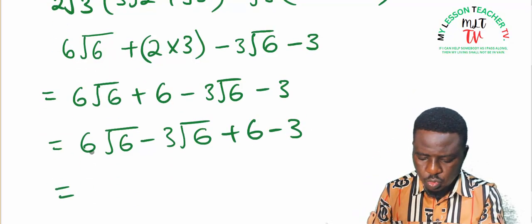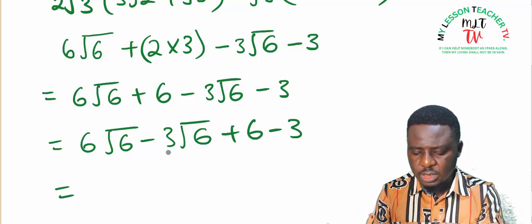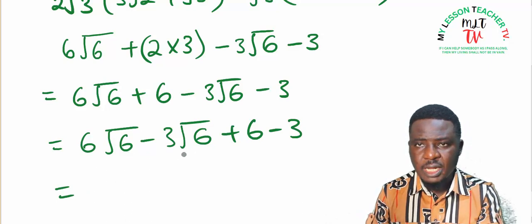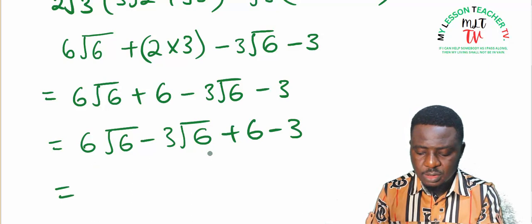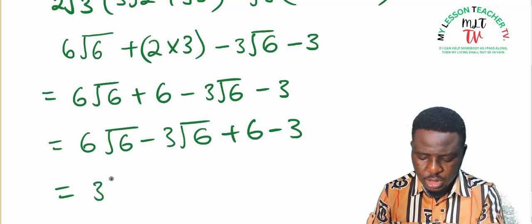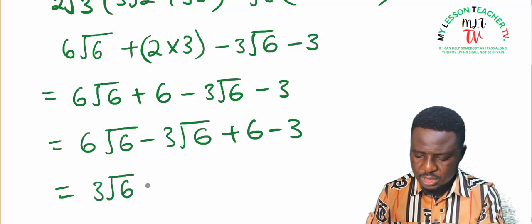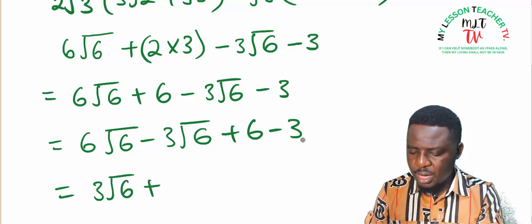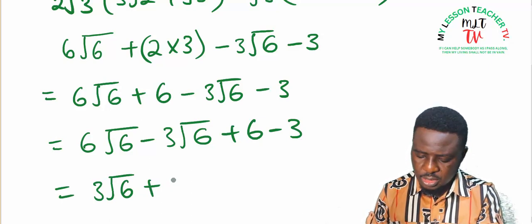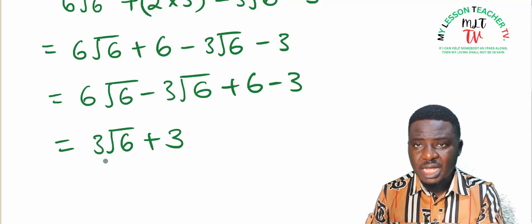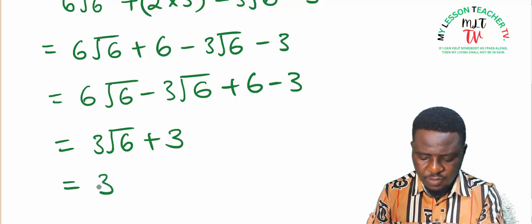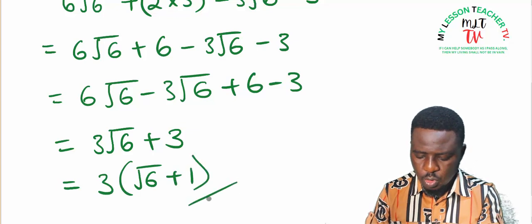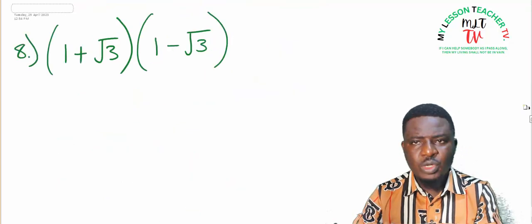So this is equal to 6 root 6 minus 3 root 6, which are like terms, so we can subtract, leaving us with 3 root 6, plus 6 minus 3 is said to be 3. And so our answer is 3 root 6 plus 3. And I can factorize out 3, for 3 is common, leaving us with 3 into bracket root 6 plus 1 as our answer. Question 8.